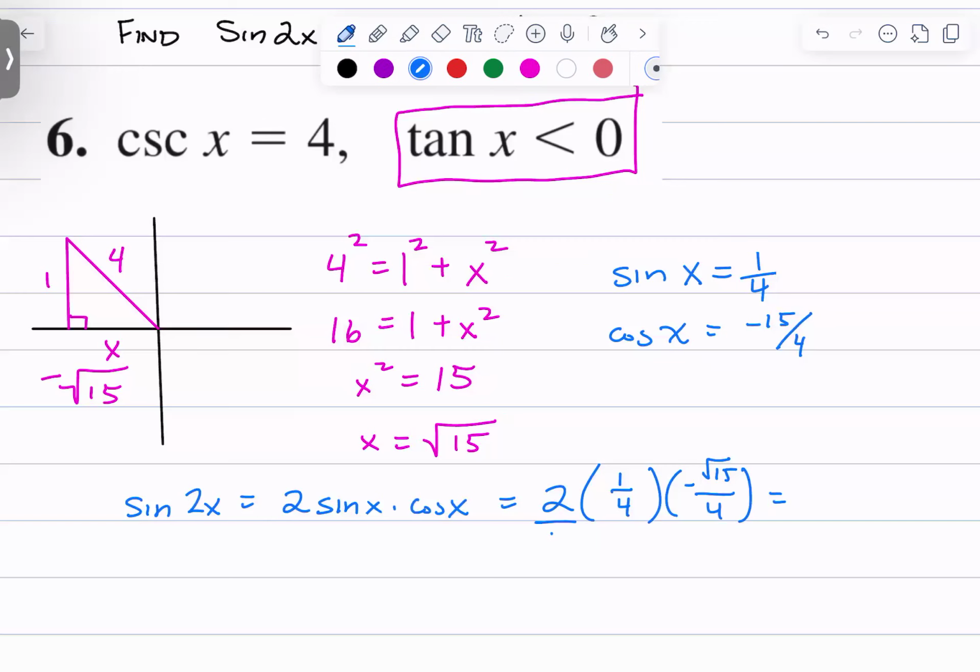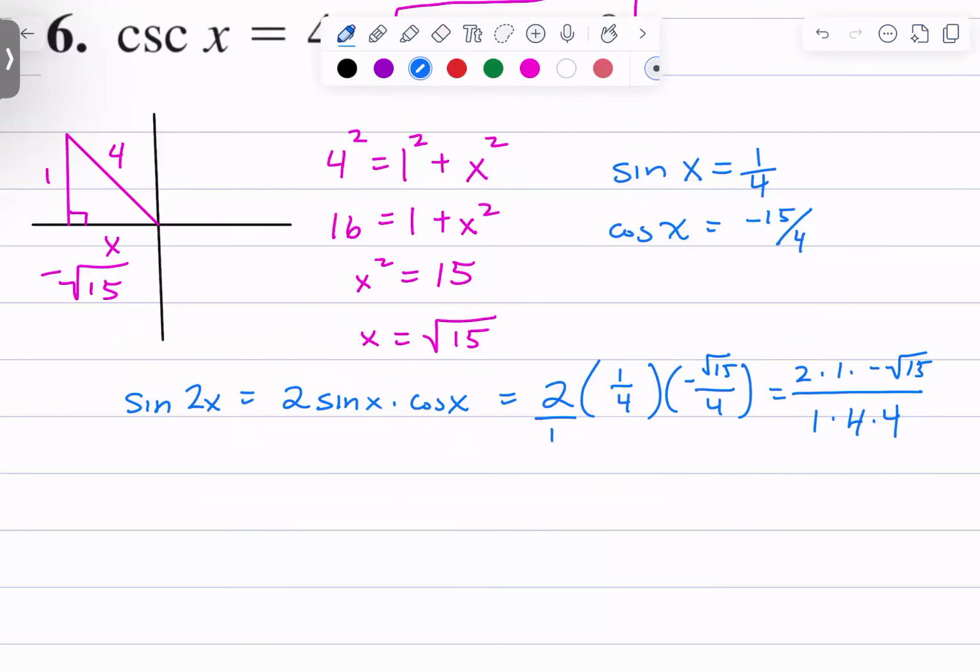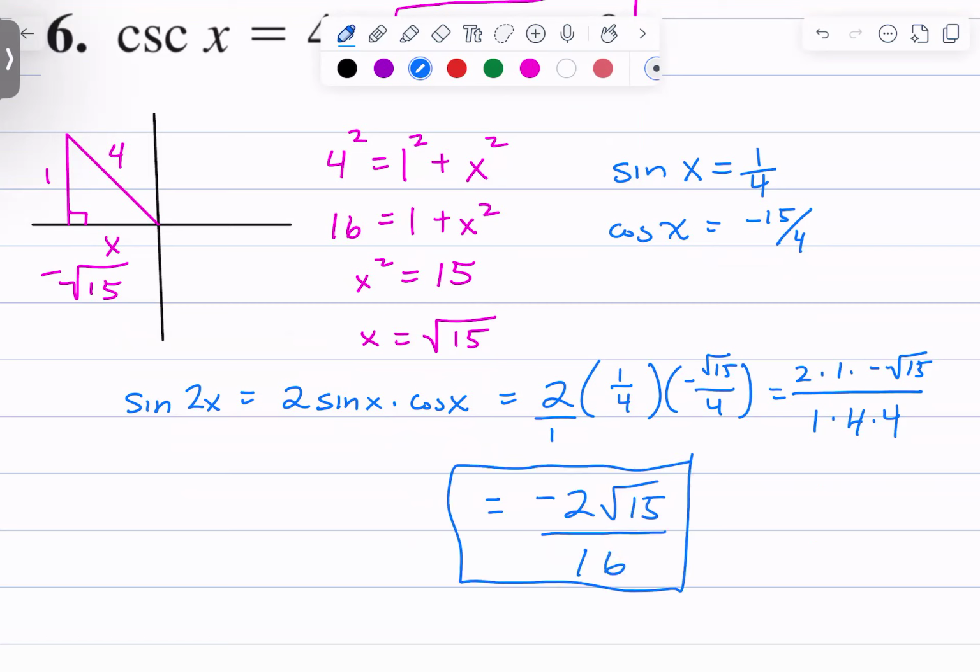So if I multiply it across, that should be 2 times 1 times negative square root of 15 over 1 times 4 times 4. So then my answer would be negative 2 square root of 15 over 16. Okay.